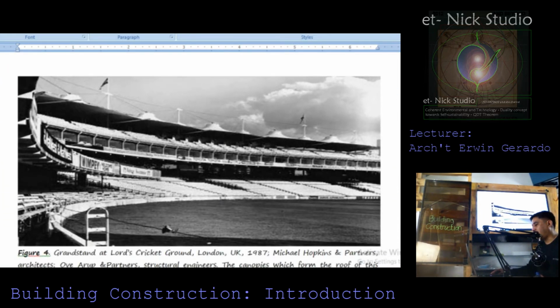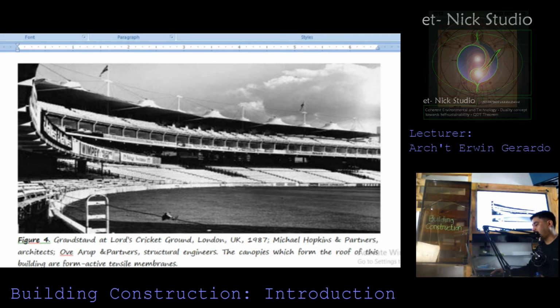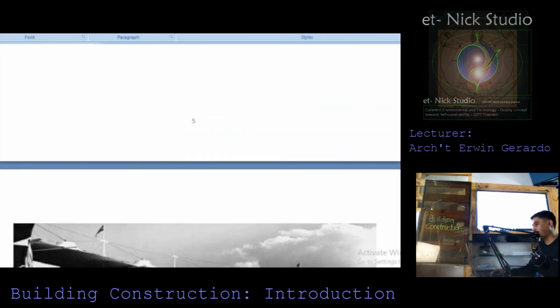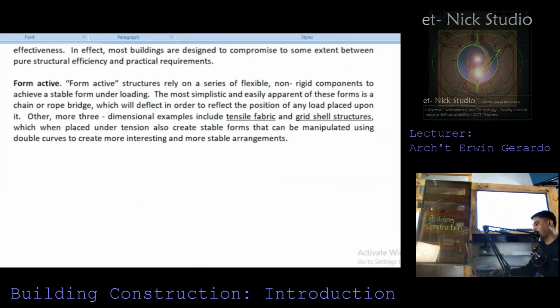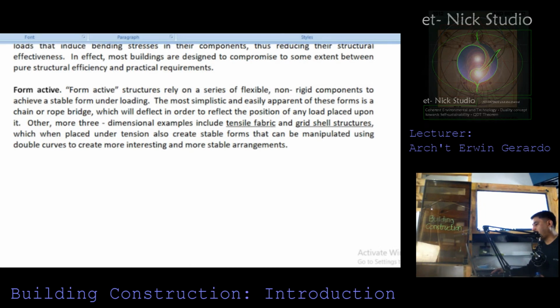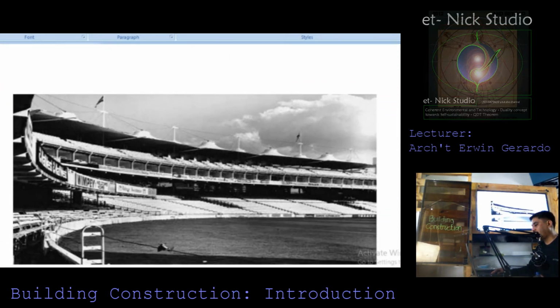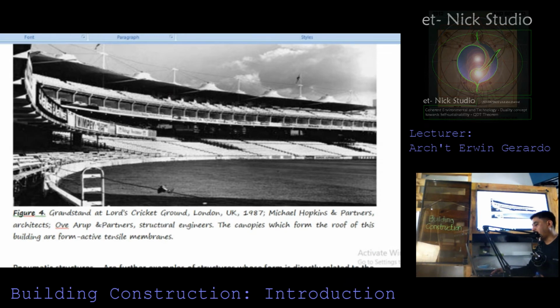So this is actually an example of a form active shape. So take note, it is a form active shape. It is an example of a grid shell structure. This is figure 4, the grandstand at Lord's Cricket Ground found in London.